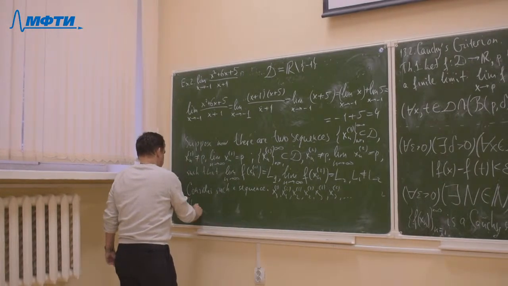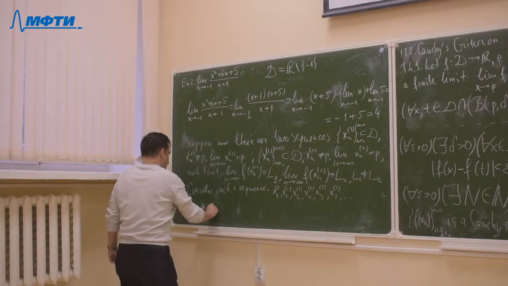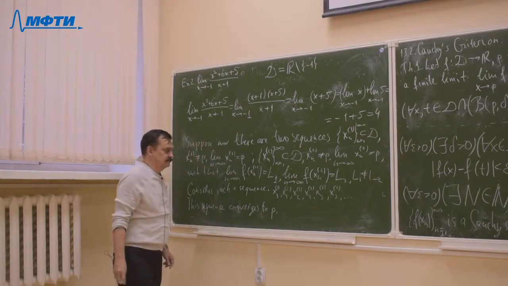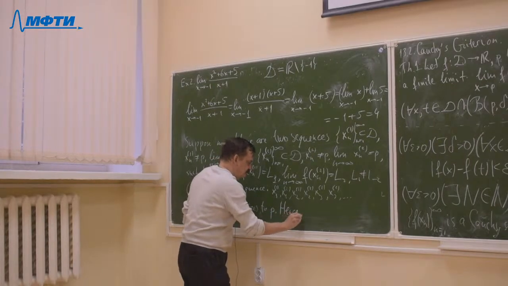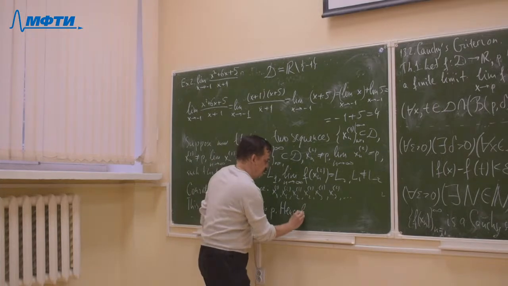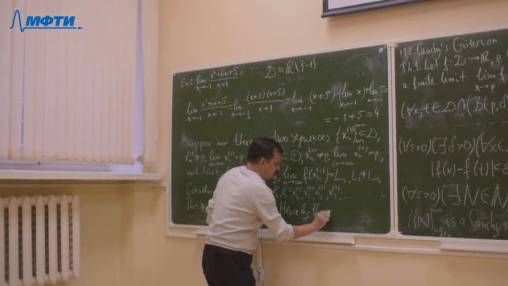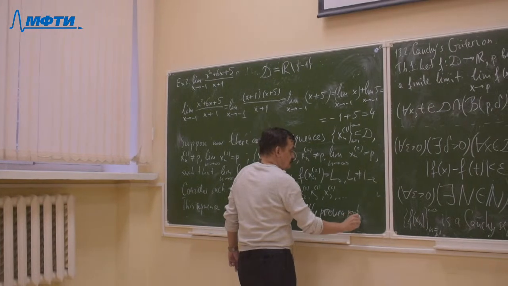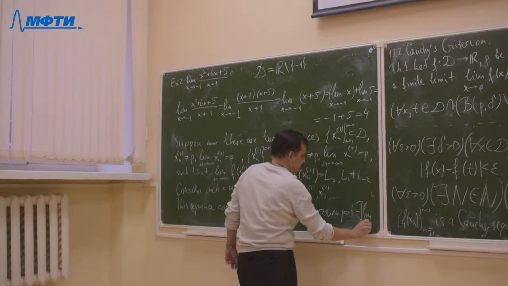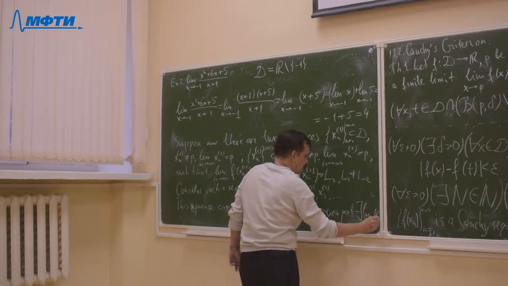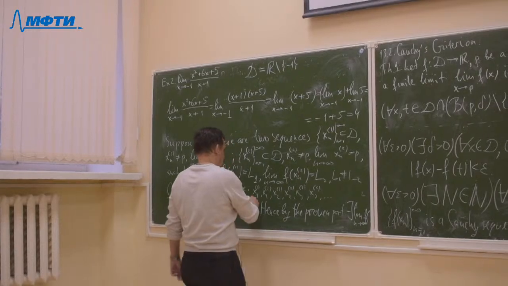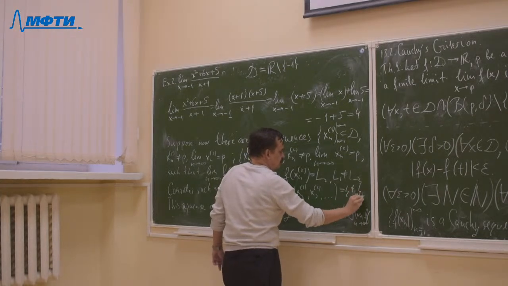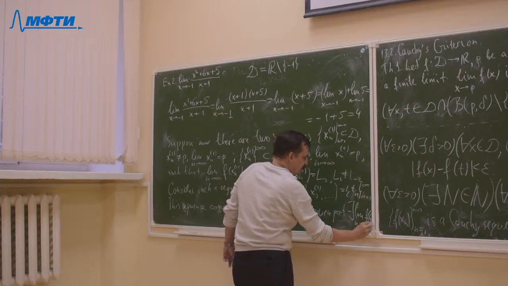So this sequence converges to p. Hence, by the proven part, there exists a limit of the values f of, let it be tn, the limit of f(tn) exists, right?